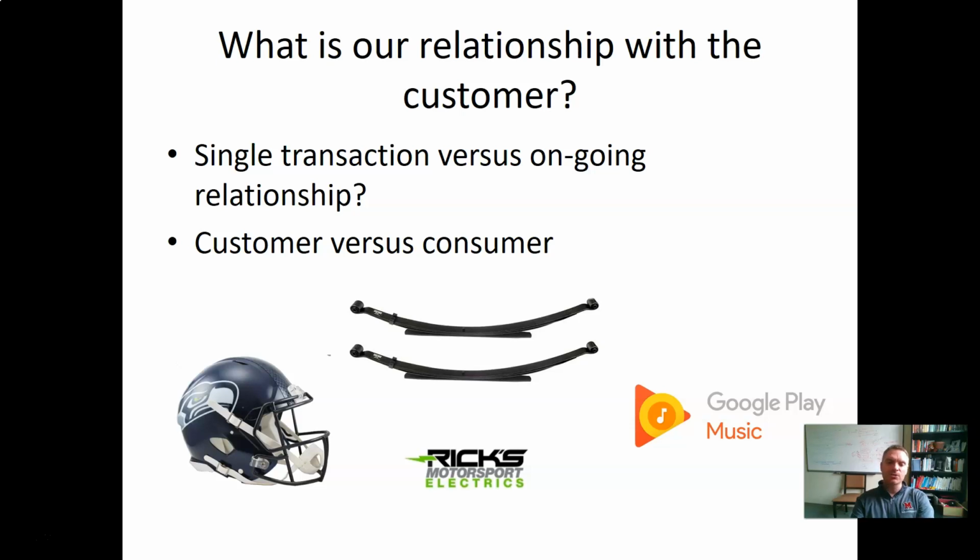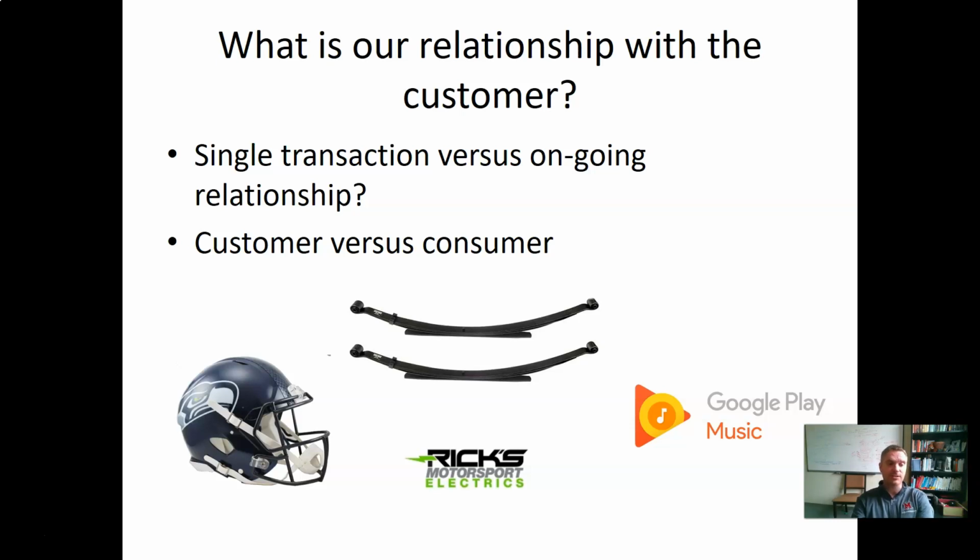And then a Rick's Motorsports electric. I've bought a handful of products from them, a stator and a solenoid, and so with Rick's Motorsports, or with a car parts vendor, I don't have a subscription. It's not a strong ongoing relationship. But on the other hand, if I found a reliable vendor and I know I can trust them, especially for car parts, you want quality parts, right?